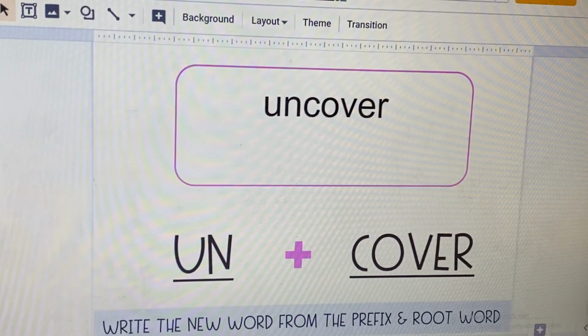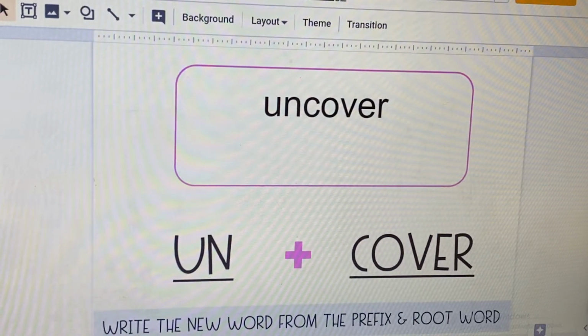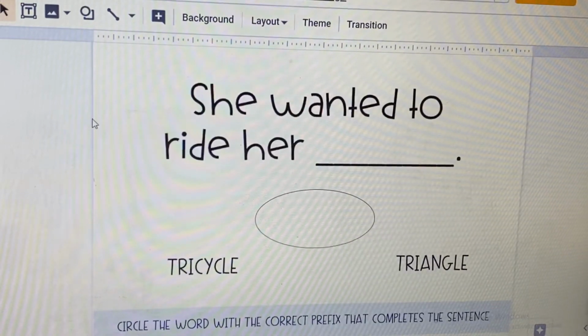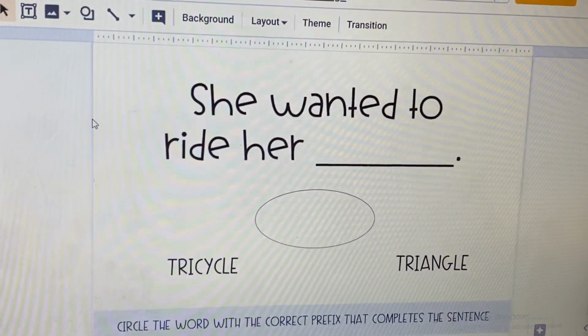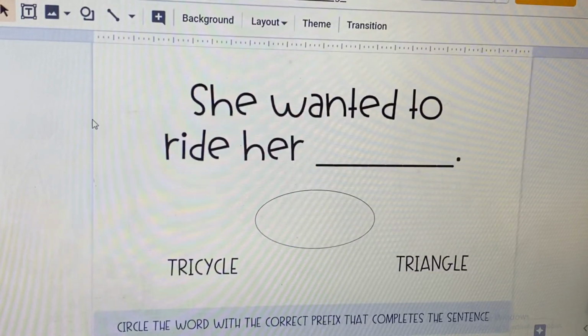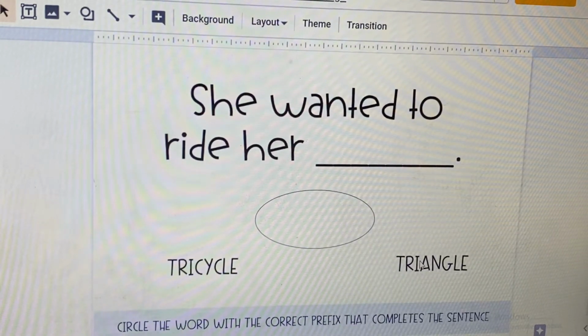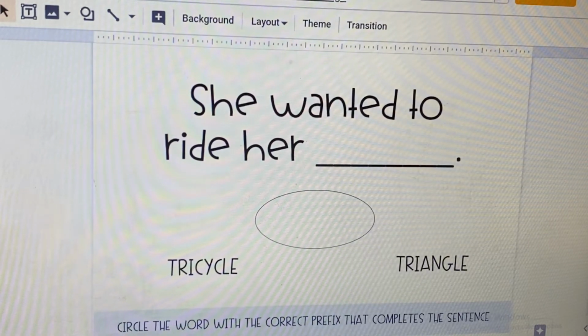Okay, and then from there, you're pretty much going to do the same thing all the way through until you get to slide number 23 where you have a sentence. She wanted to ride her blank. She wanted to ride her tricycle, triangle. Just circle the word that makes the sentence correct.